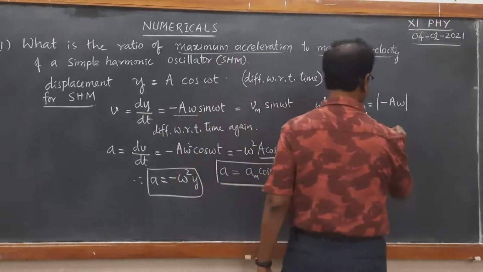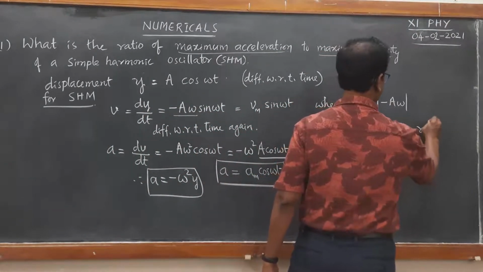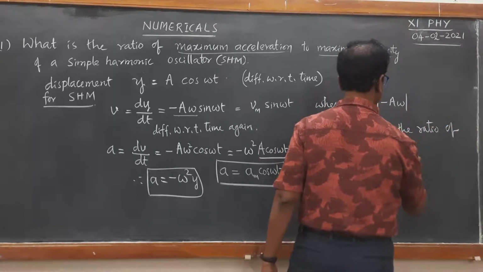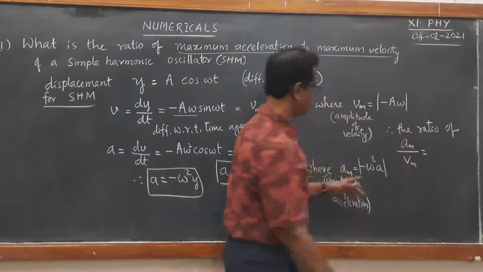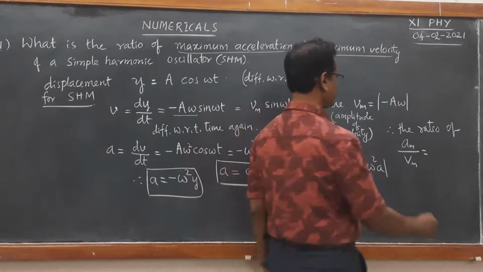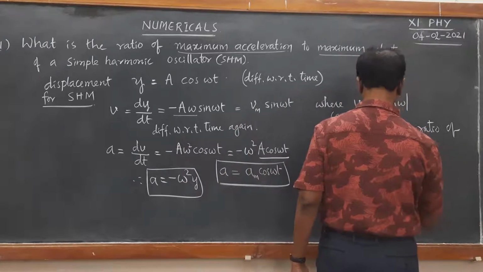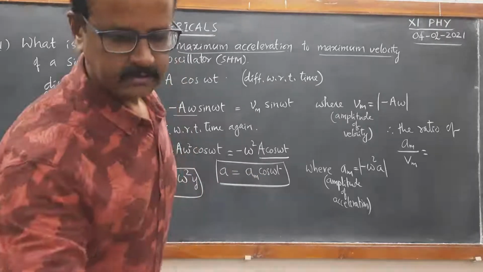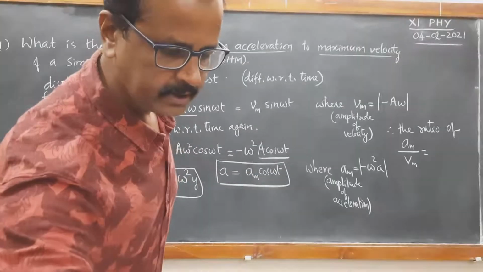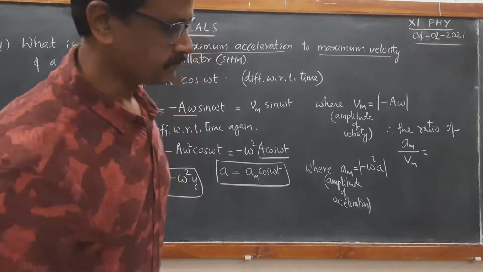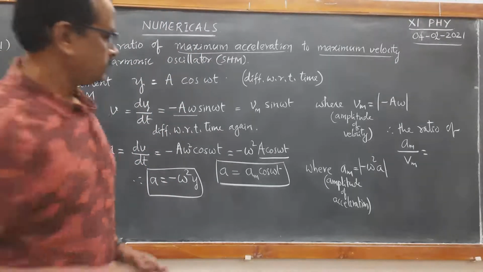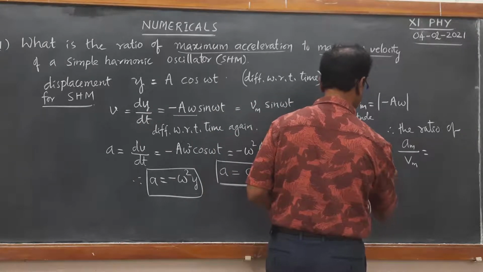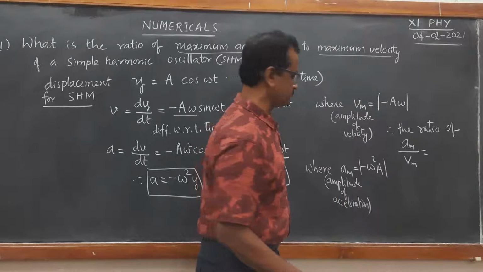Therefore, the ratio of A max by V max is equal to omega square A divided by omega A. I have written small a; it should be capital A. So capital A cancels.